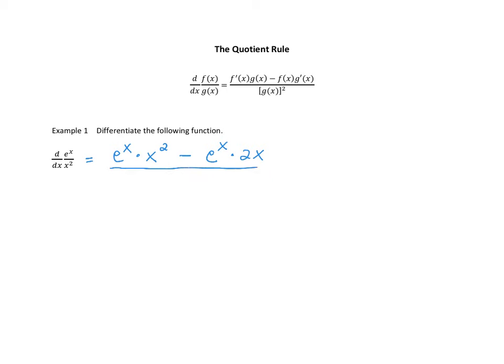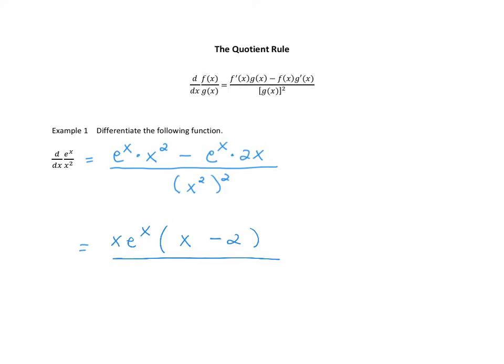This whole thing is divided by the denominator squared. So that'd be x squared squared. Of course, you could simplify this. In the numerator, you can factor out an e to the x as well as a single x. So this is really x e to the x, and what is left over is x minus 2.